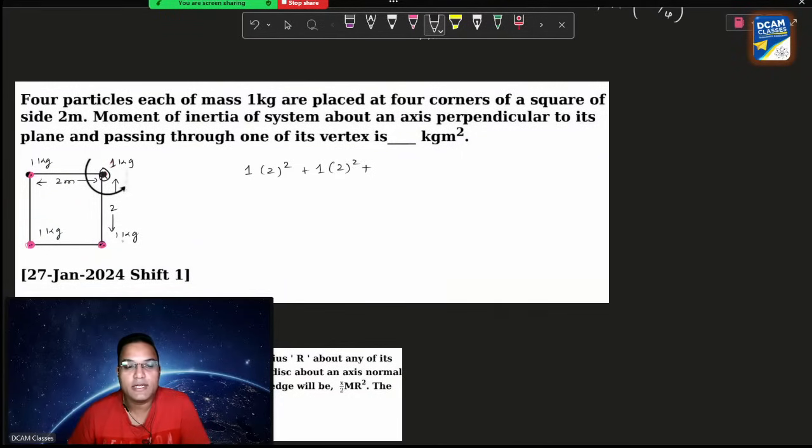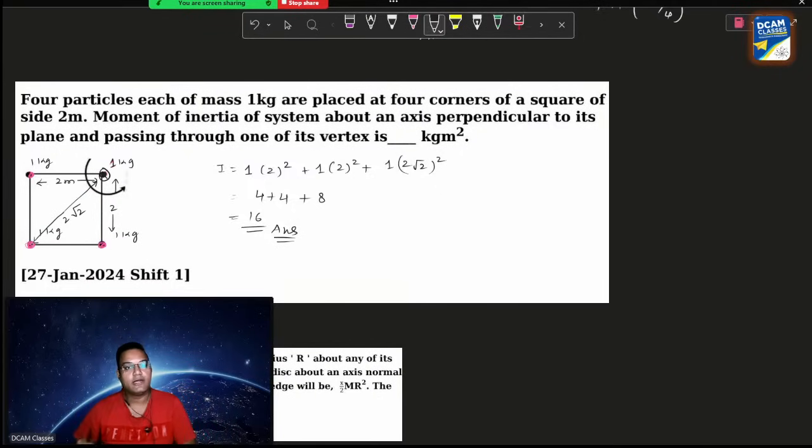Now the third 1 kg is at a distance of root of 2 square plus 2 square, which is 2 root 2, so its moment of inertia will be 1 into 2 root 2 whole square. The total moment of inertia about this axis is 4 plus 4 plus 8, which is 16. Answer.